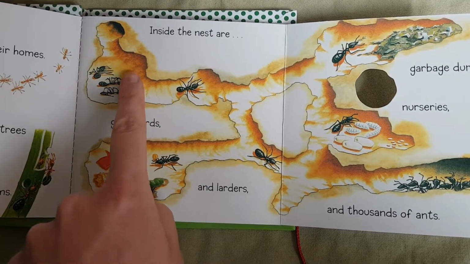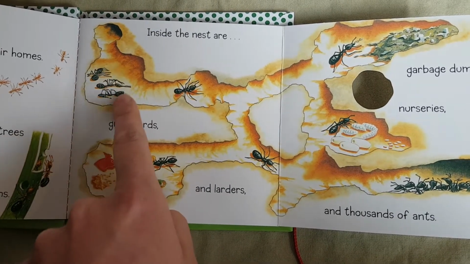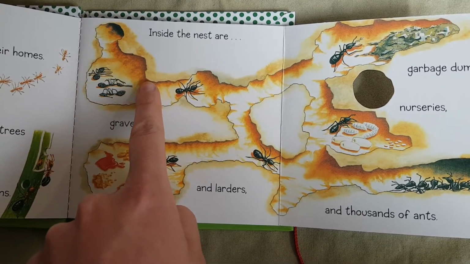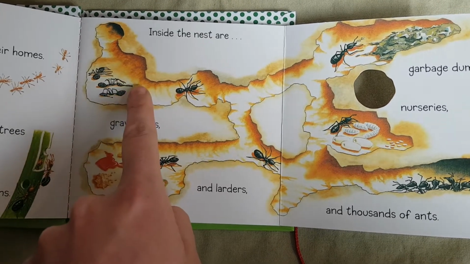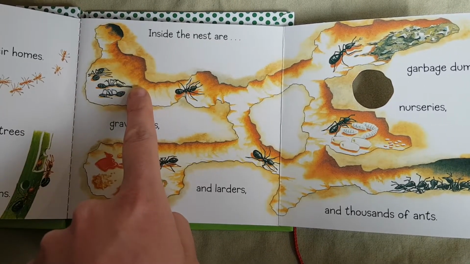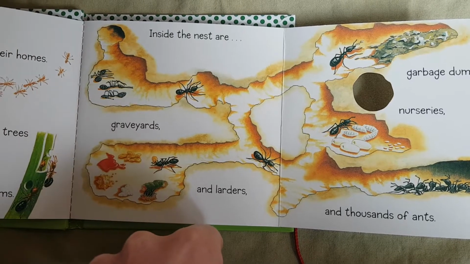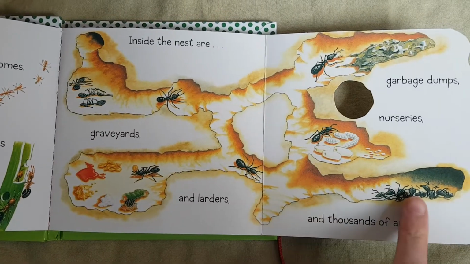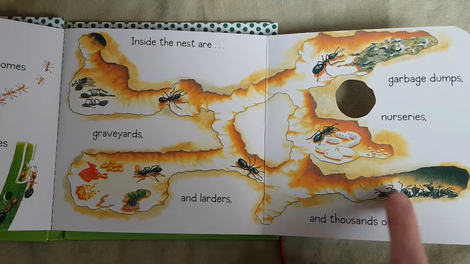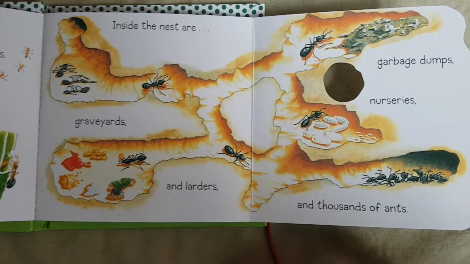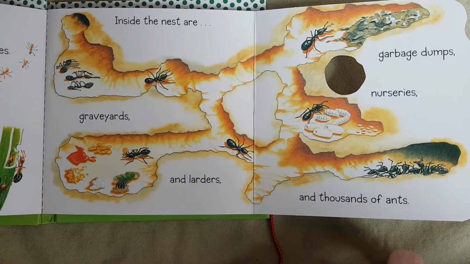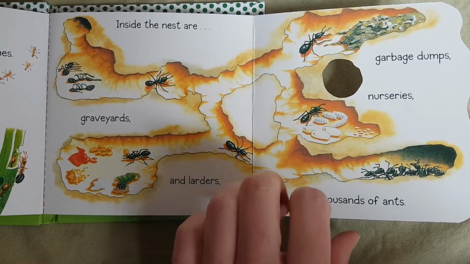And some rooms are where the ants take their dead ants. And there are thousands of ants that live inside these nests. They have a big family.